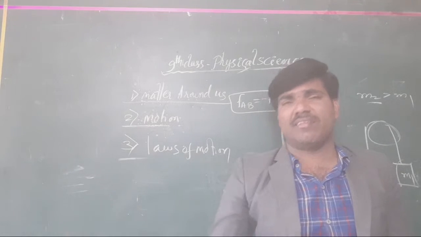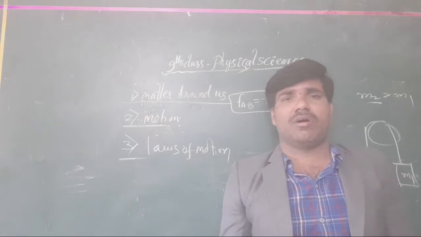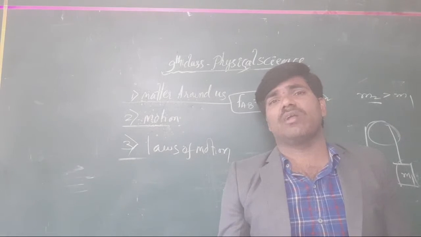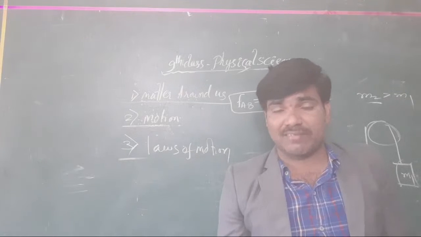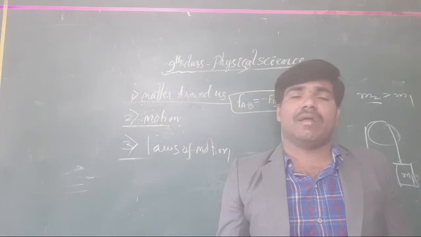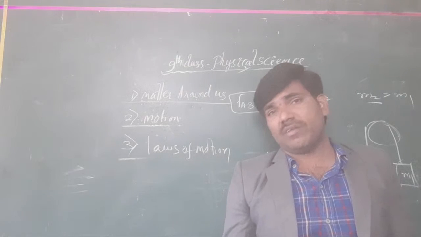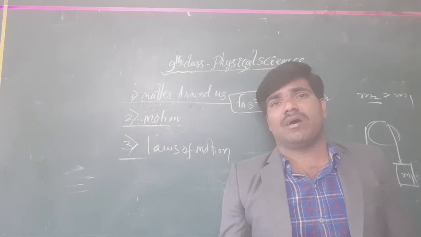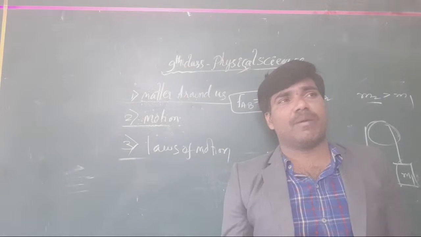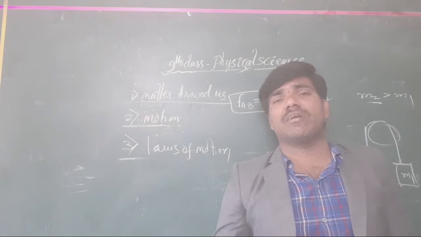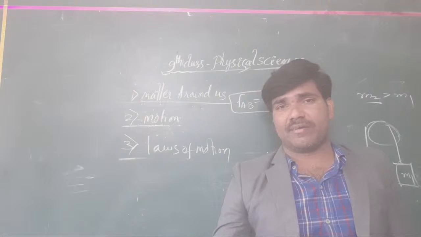Based on this, one more law we get, that is the conservation of mass law, and the conservation of momentum law also we consider here. What is the conservation of momentum law? When the external force applied on the body is equal to 0, the momentums are constant.